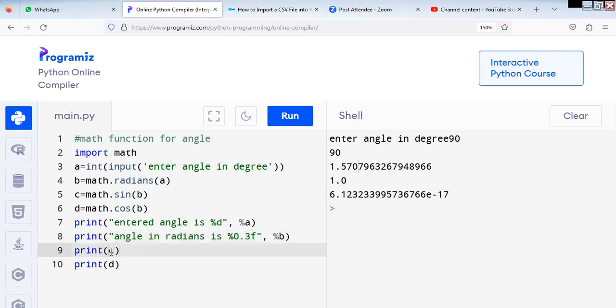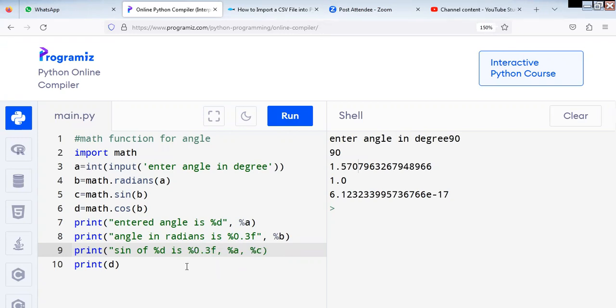Then what is the third one? It is sine of percentage D is percentage F, A, percentage A, comma percentage C. So how many decimal places do I want here? 0.3.